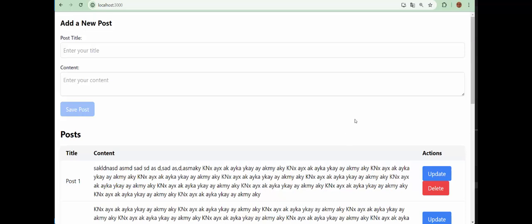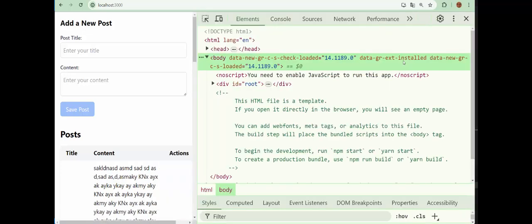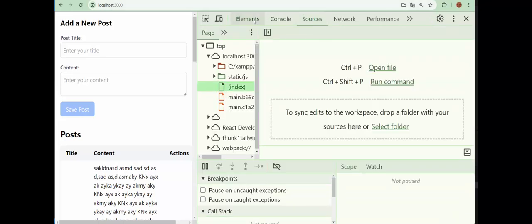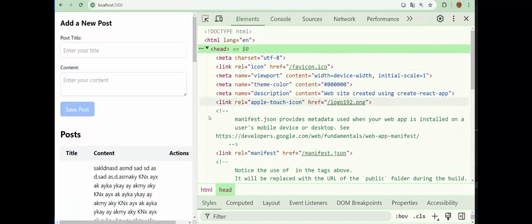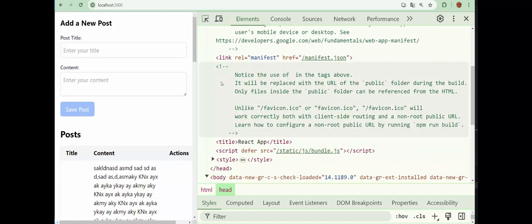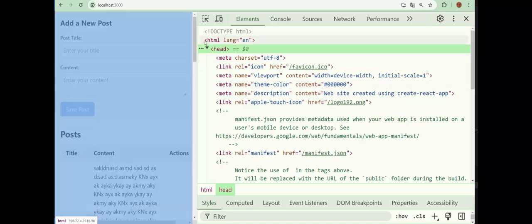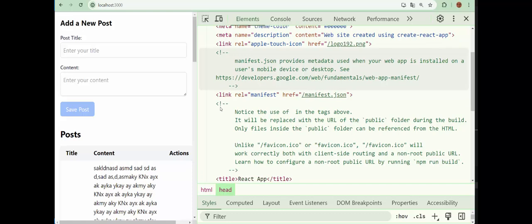Here is a React application. F12, and elements. Here is a product, HTML document. It is an HTML document, an HTML web page. Here it is, heading, doctype, head section.